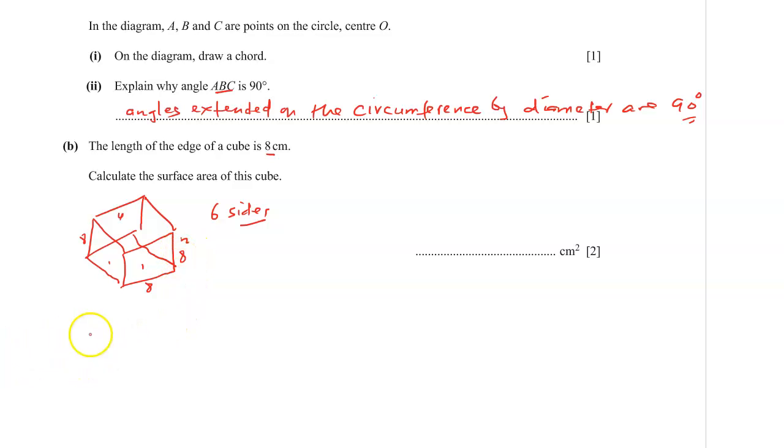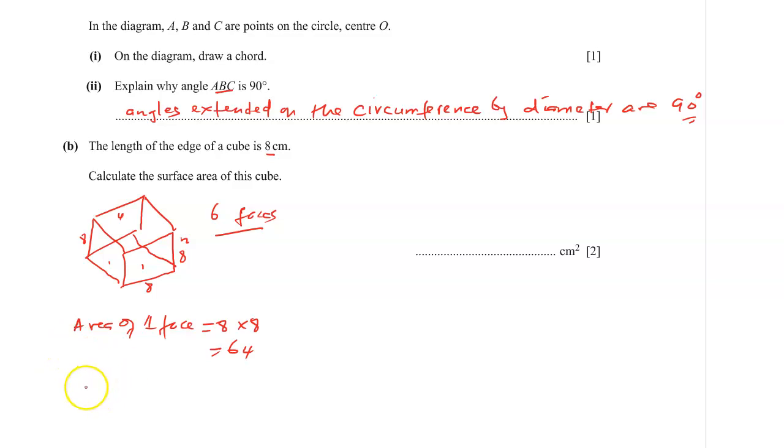So area of one face, it has got 6 faces. You can call it not sides but faces. Area of one face is equal to 8 times 8, which is 64.